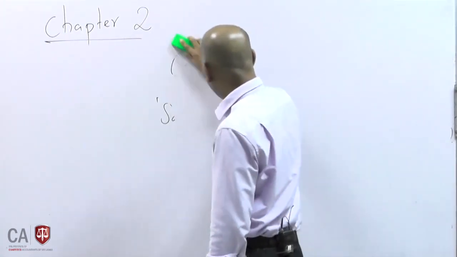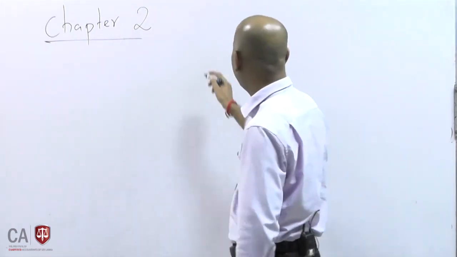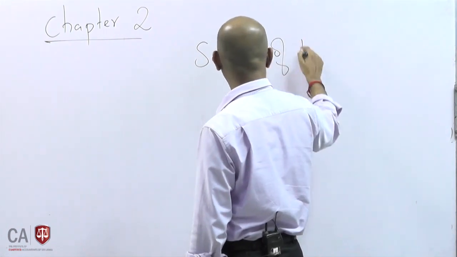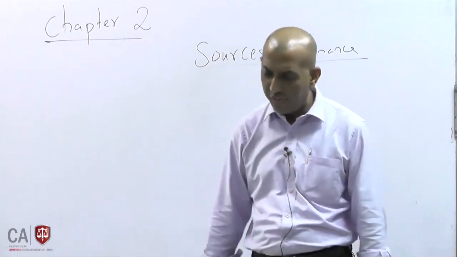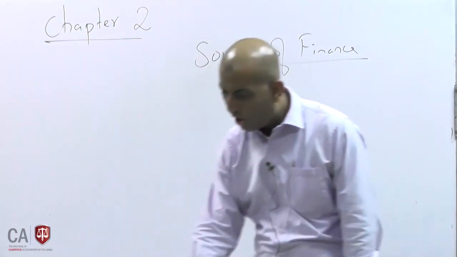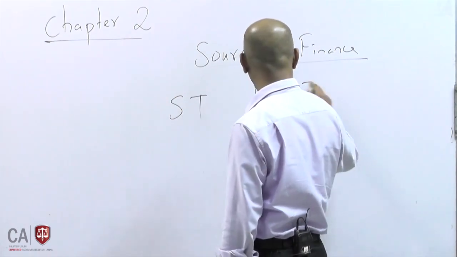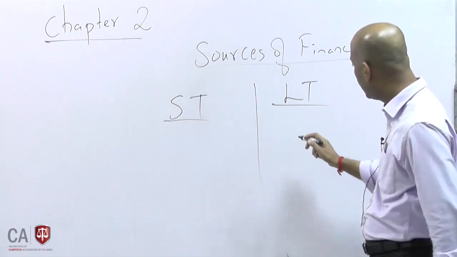Then the other slight area is the sources of finance. I think last class we touched upon it, sources of finance. I will quickly run through it. Sources of finance, you will see that short term and long term. So you have long term sources, we looked at that in the class.